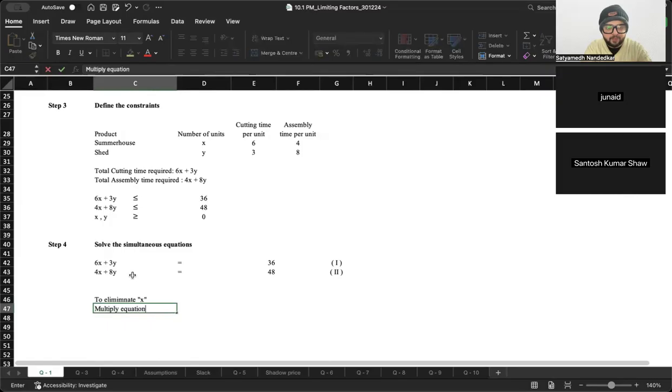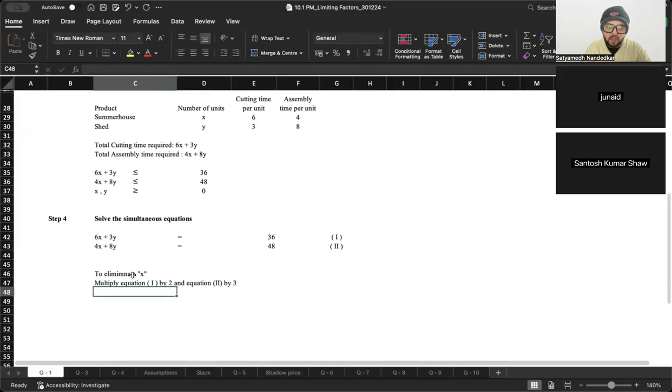If you want to eliminate the variable, you have to basically get the least common multiple of the two. The least common multiple of 6 and 4 is 12. So multiply equation 1 by 2 and equation 2 by 3.